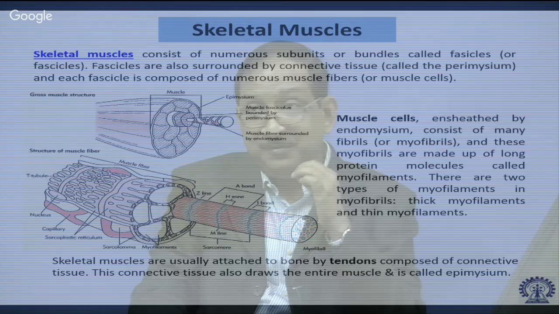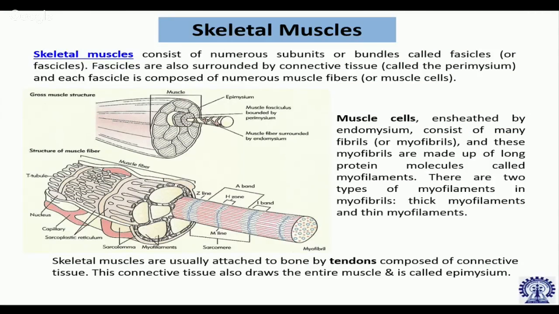Now, skeletal muscles consist of several subunits or bundles called fascicles. These muscle bundles are surrounded by some connective tissue, and each fascicle is composed of numerous muscle fibers or muscle cells.